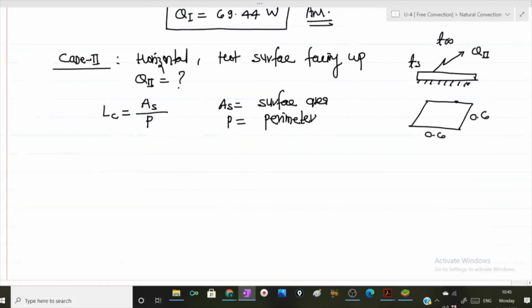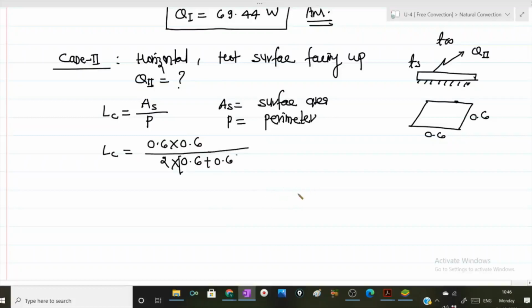So we will consider only upper surface. So Lc is surface area 0.6 by 0.6 and perimeter will be twice into (0.6 plus 0.6), isn't it?